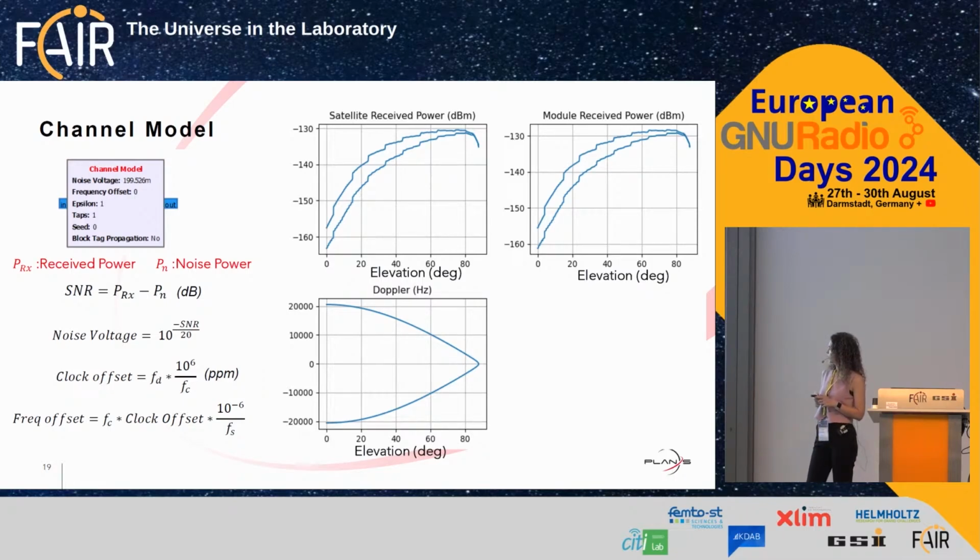For one satellite pass, we can see the satellite receive power and module receive power increase when the satellite approaches us, and then when it moves away, the satellite and module receive power decreases. And for the Doppler, it becomes zero when it is just overhead and then increases again.